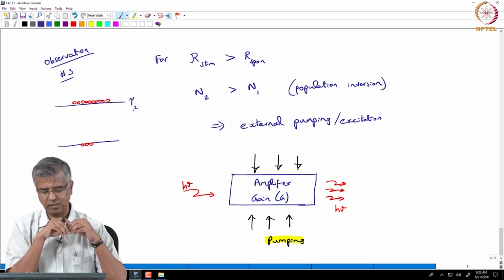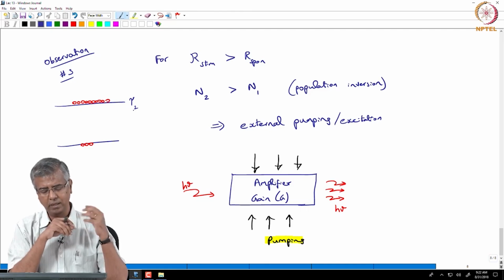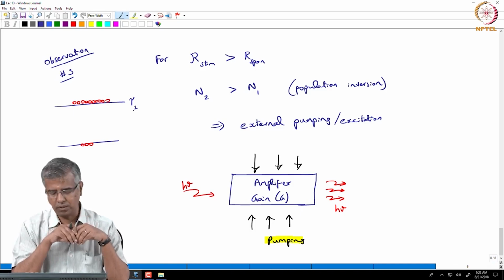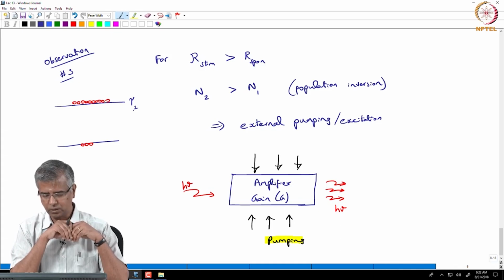Most of the other gas lasers have been taken out or replaced by solid state lasers. And similarly, there are dye lasers, dye amplifiers, and most of them have also been replaced by solid state lasers.